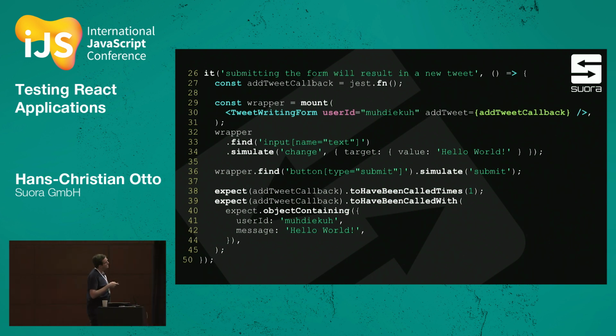So the add_tweet callback that gets passed here is being reused in line 38, where I check that this callback should have been called once. And then in the lines after that, I say that I want it to have been called with an object that contains a user ID, which is my name, and a message, which is the message that I entered in line 34.